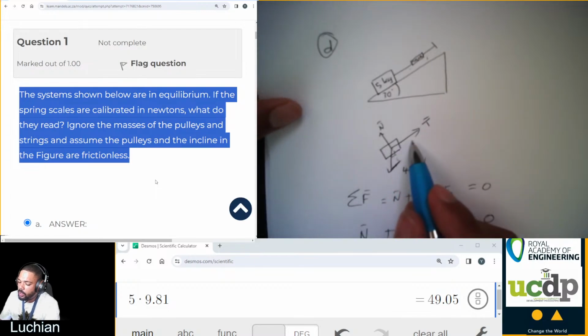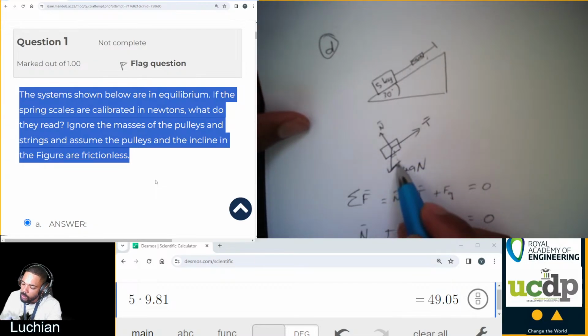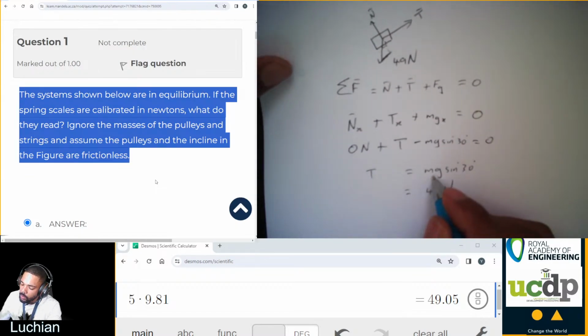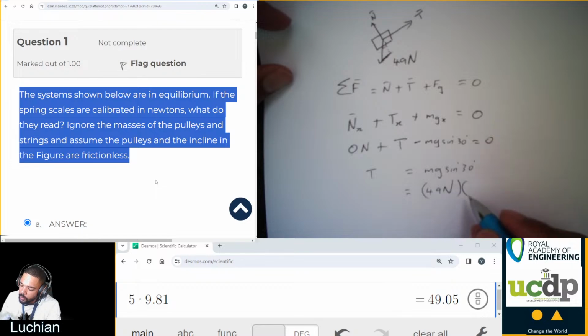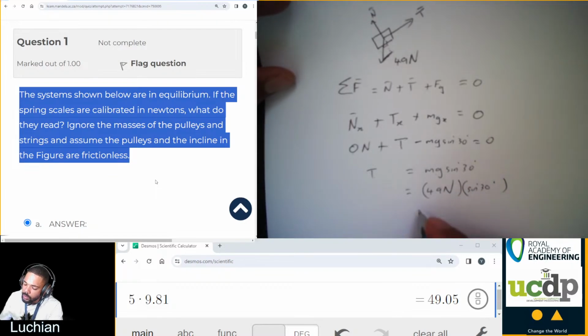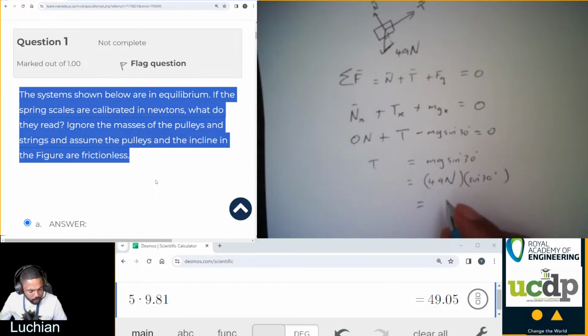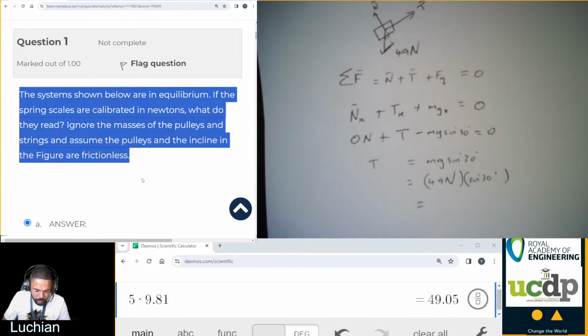So basically in this diagram, the tension is just going to be equal to the component of the weight along the incline, mg times the sine of 30. You can plug the sine of 30 into your calculator.